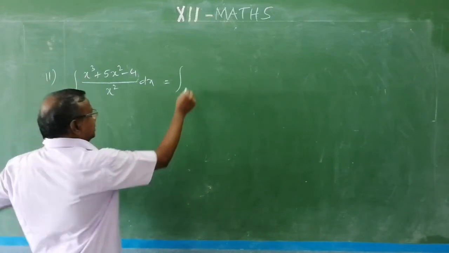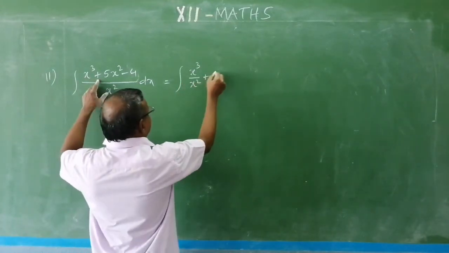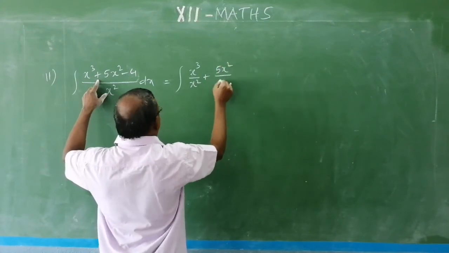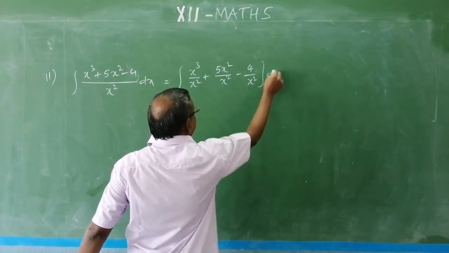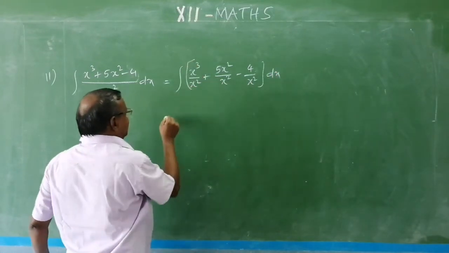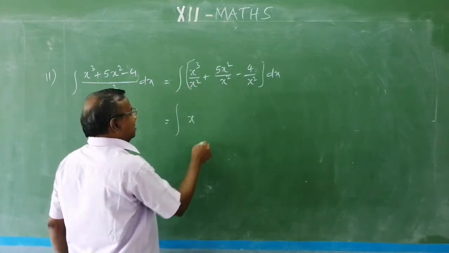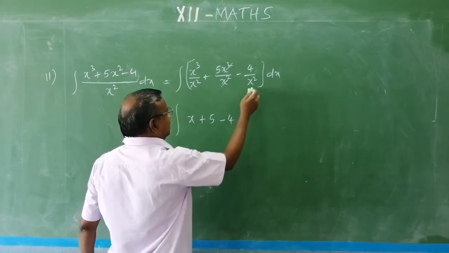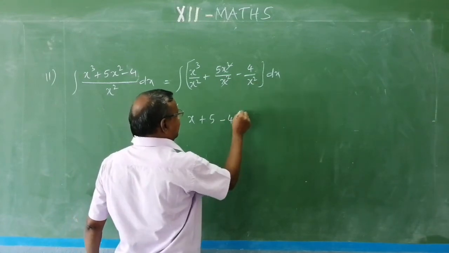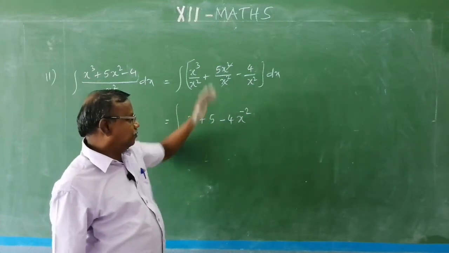This is x cube by x square plus 5x square by x square minus 4 by x square, into dx. This is equal to integral x cube by x square means x, plus 5, minus 4 into, bring it to the numerator, x power minus 2. In the denominator it is x power 2, so bring it to the front.